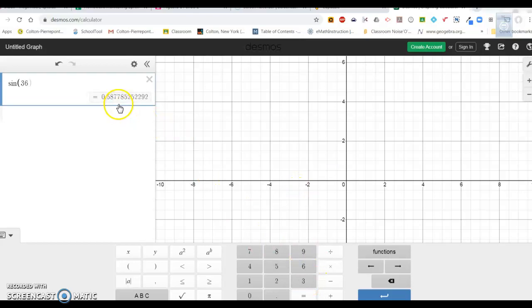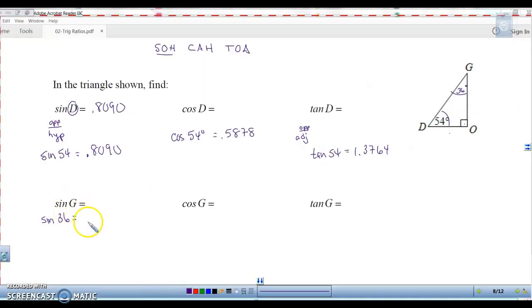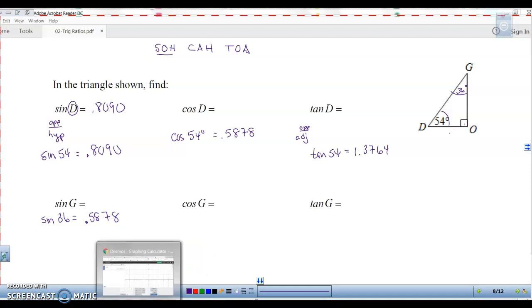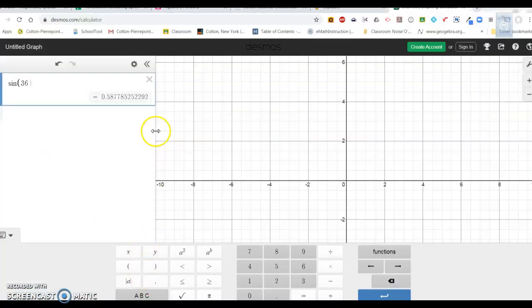And there's your value, and it should be 0.5878. Let's do the cosine of G. I go to function, cos, and 36. And it's 0.8090.